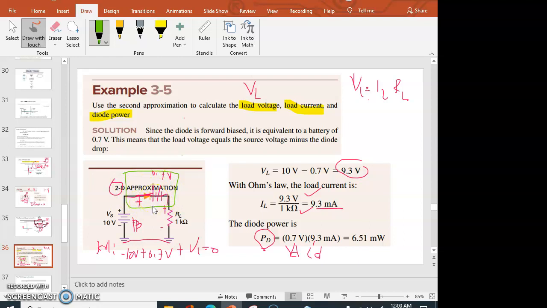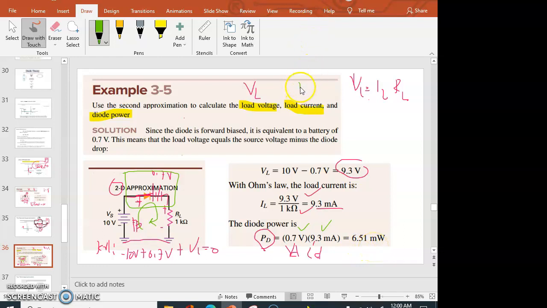The voltage across the series short is equal to 0, but you still have the 0.7 volts, so that's the reason why you have the 0.7 volts here. The current that flows throughout the circuit is 9.3 milliampere, because the diode is in series with the load. The power dissipated across our diode is therefore 6.51 milliwatts.